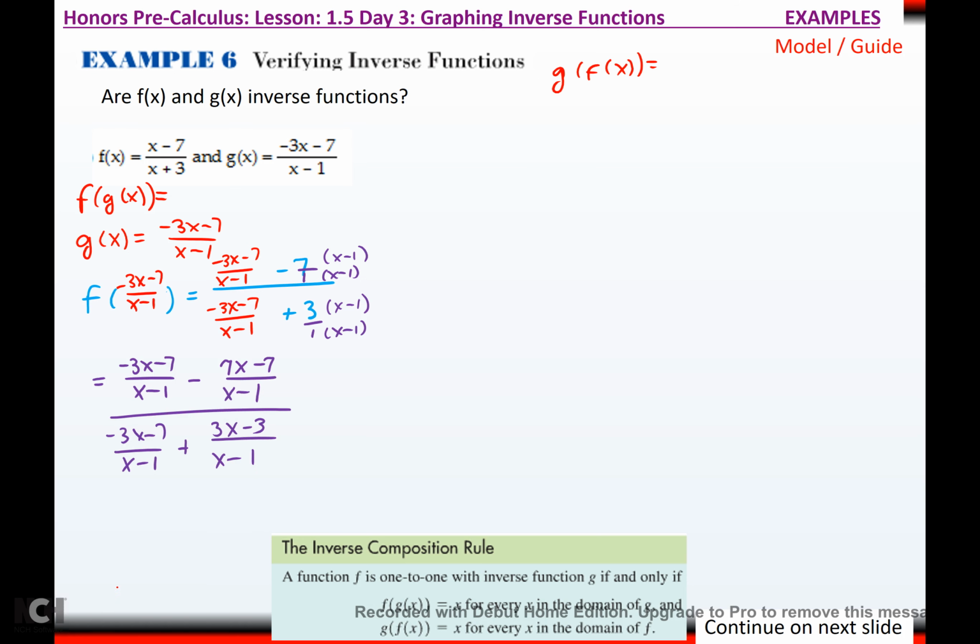Combine like terms, keep the x minus 1, I'm going to have negative 3x minus 7 minus 7x plus 7, because you got to distribute the negative.